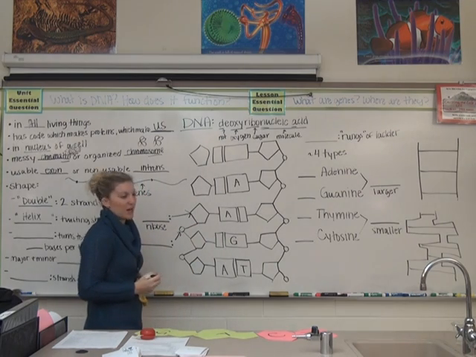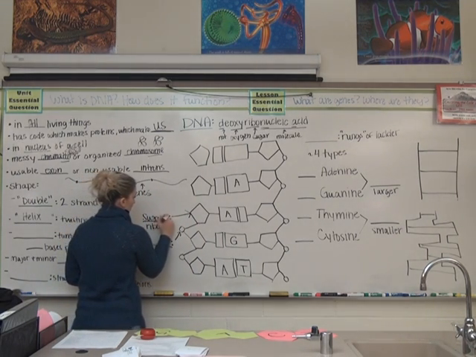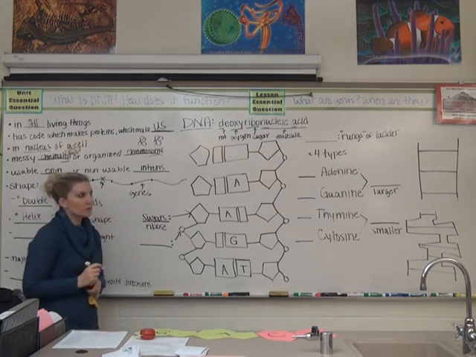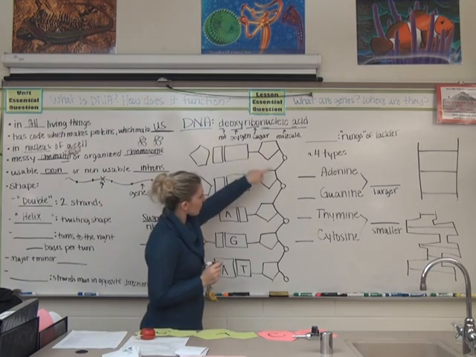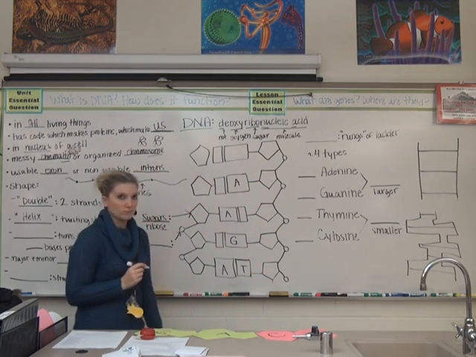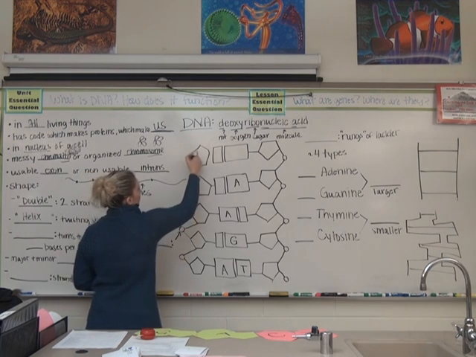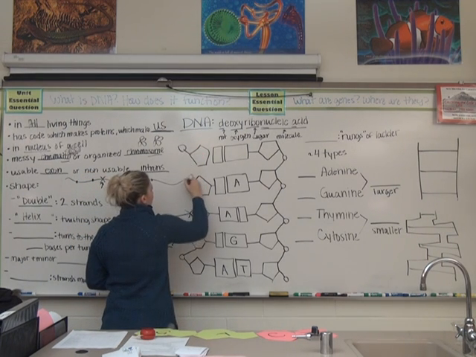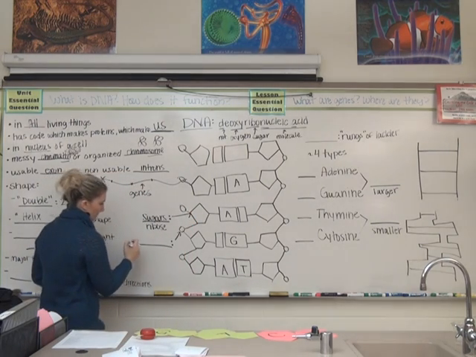They're made up of these pentagon-shaped guys, and those are called sugars. So these things that look like pentagons are sugars. Also making up the strands are these little circle guys hanging off. And these are called phosphates.